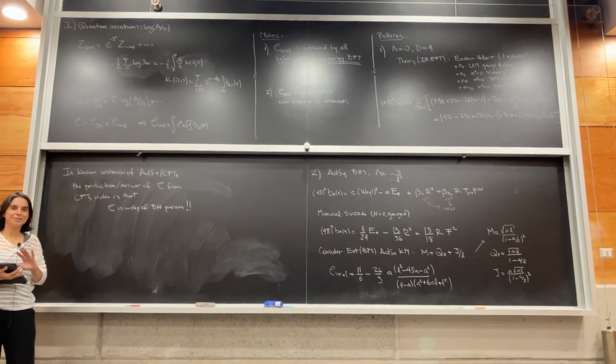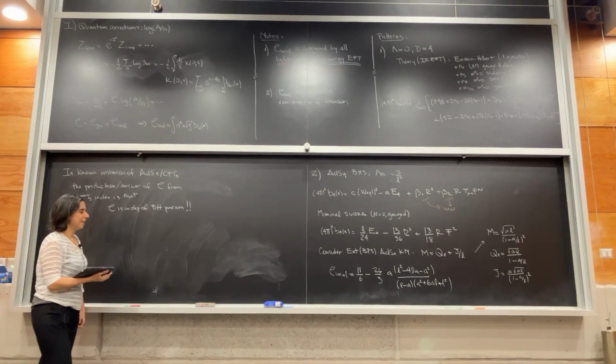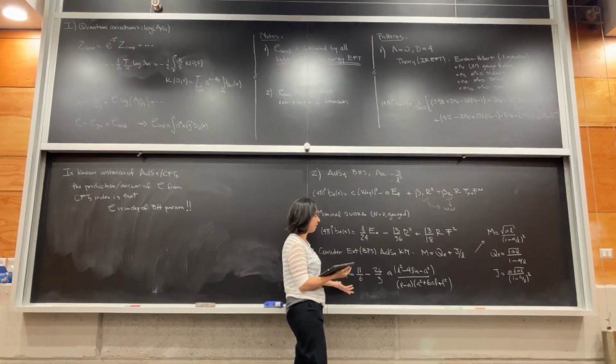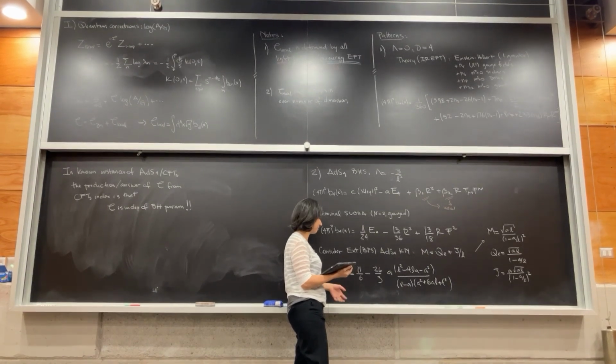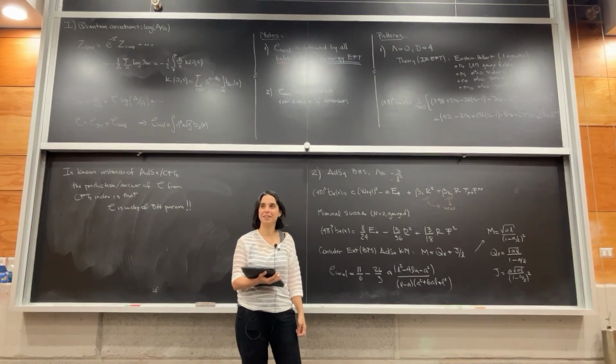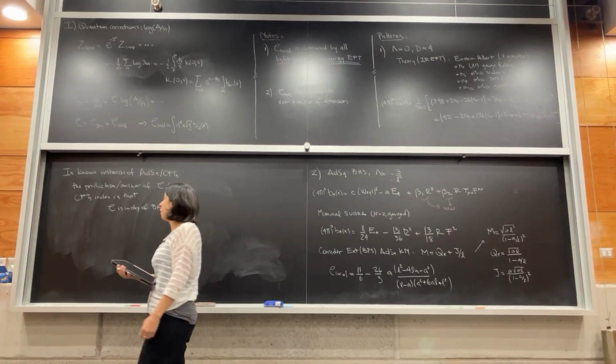So something extremely simple. And so this computation that I did in AdS4, even though I did it in supergravity and I did it for some supersymmetric black hole, it clearly doesn't match the CFT. And so what's going on here?